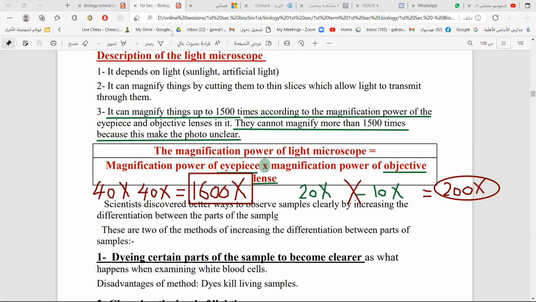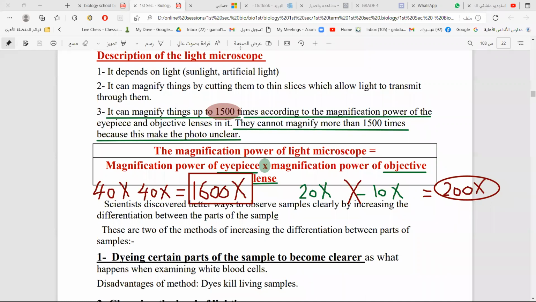Unclear. Why? Of course unclear because it is more than 1,500. So the photo will be unclear because you cannot magnify more than 1,500.